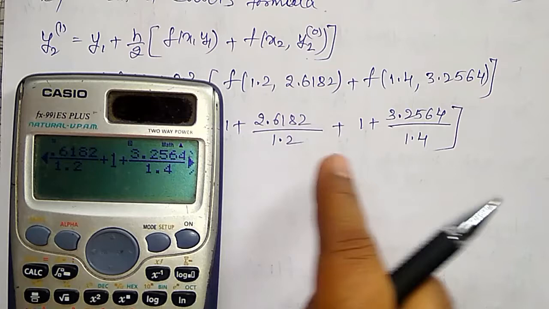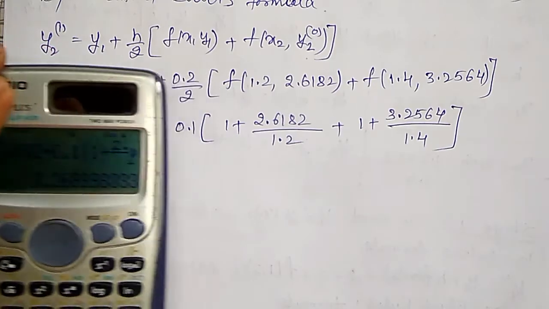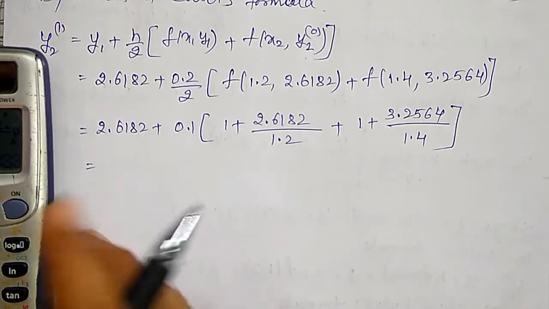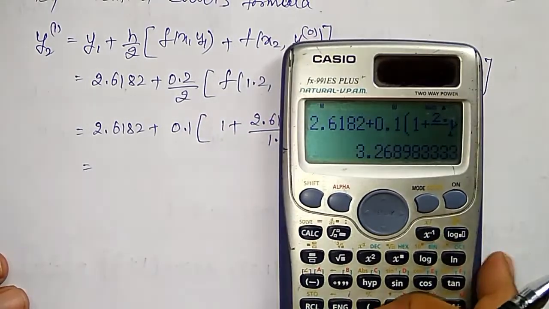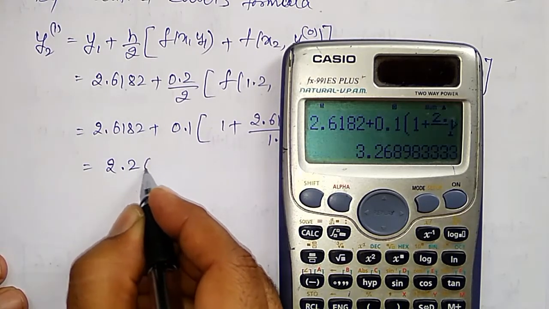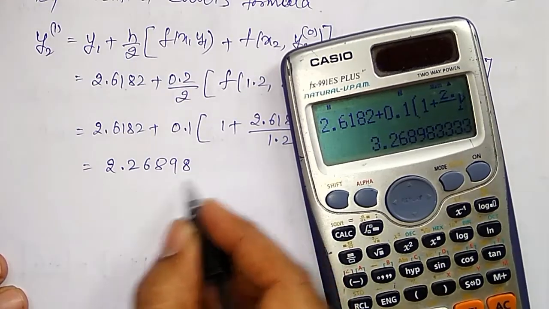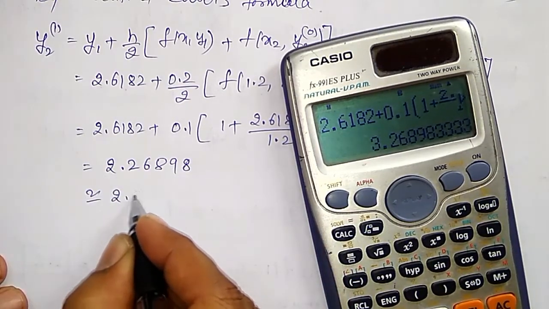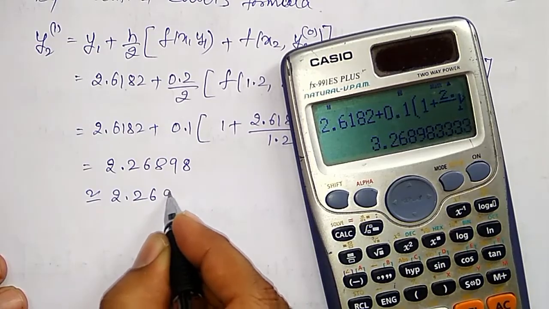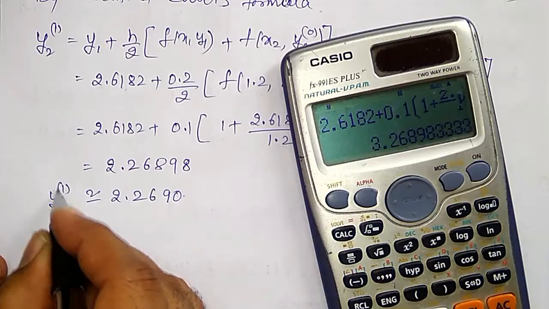Similarly, operate everything in the calculator as it is, then equal to, I'm going to get the answer as my y1. This is 2.26898 approximately. I can write 2.2690. Okay, this is my y2 first approximation.